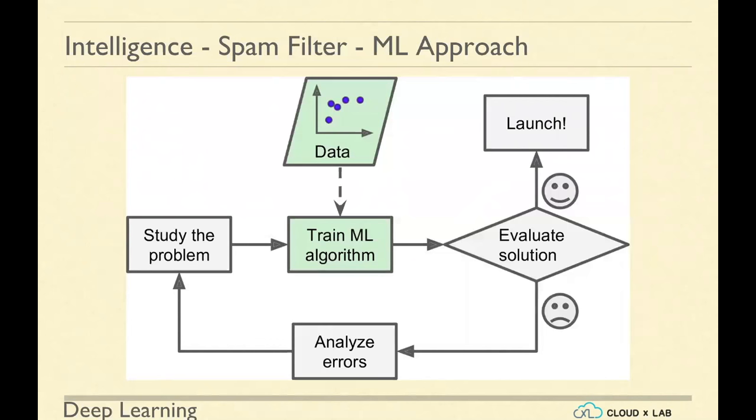Another very good question is, categorizing the seen data, isn't it overfit? Here, what we are doing in this problem particularly is studying the problem, feeding the data to the ML algorithm, and then trying to evaluate.